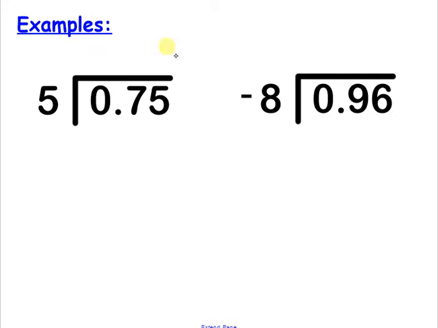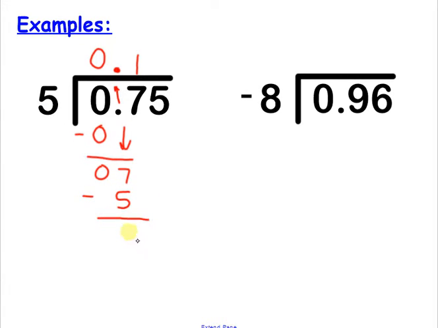All right, so let's go ahead and look at some examples. So example 1, we're already going to bring that decimal straight up to the roof, first step. And then we're going to simply divide. So 5 goes into 0. 0 times 5 is 0, and we're going to subtract. So 0 minus 0 is 0. Bring down the 7. 5 goes into 7 once. 1 times 5 is 5.